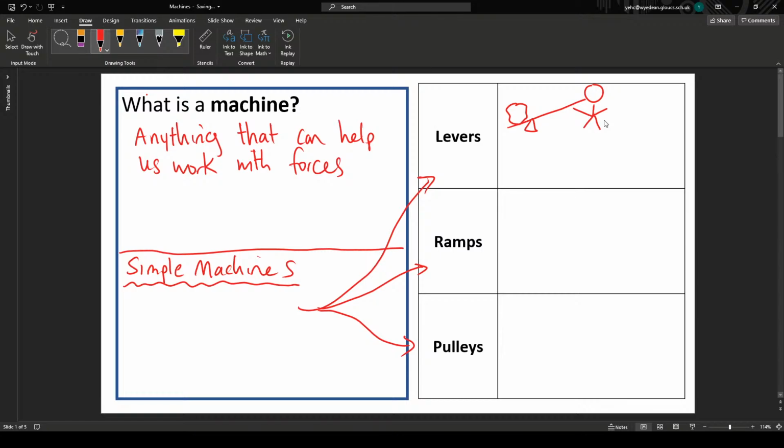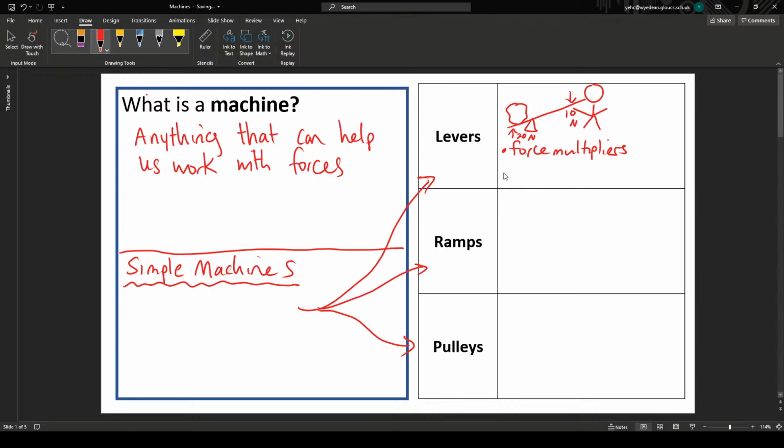These levers mainly act as force multipliers, in the case that we are taking a smaller force from us, and the lever multiplies it and allows us to move something with a larger force than we are inputting. Say we're inputting 10 newtons, this machine then on the rock outputs say 20 newtons or something like that. So it multiplies the force that we put in.